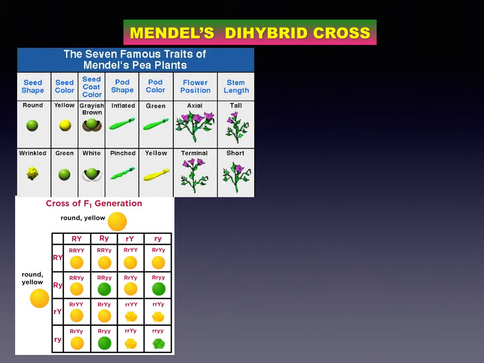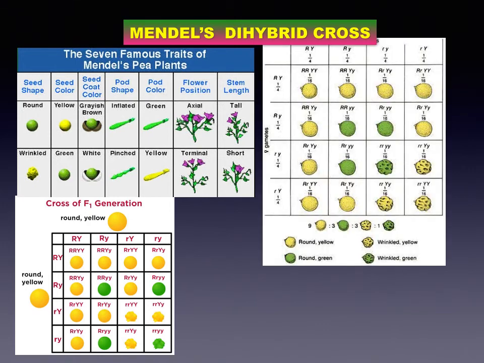In a dihybrid cross, the parents carry different pairs of alleles for every trait. One parent carries the homozygous dominant allele, while the other carries the homozygous recessive allele. So, the offspring produced in the F1 generation are all heterozygous for specific traits.